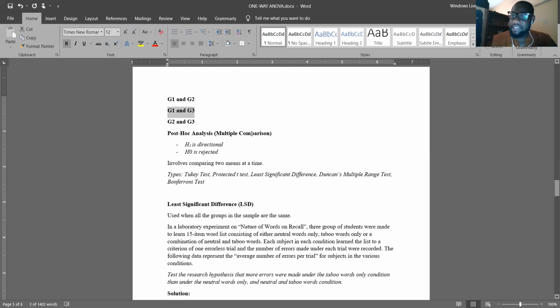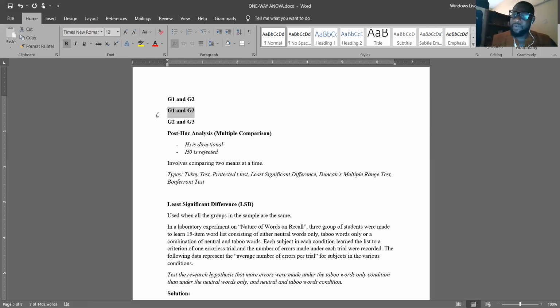So since the F value that we've calculated wouldn't be able to help us know where the difference in itself lies, you're supposed to do further analysis known as post-hoc analysis or multiple comparison. That will let us know that the difference we are talking about solely lies between group 1 and group 3, but the rest are not significant, or all the comparisons are significant. So that's what multiple comparison will do.